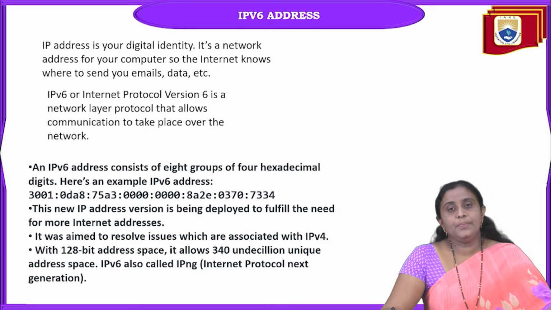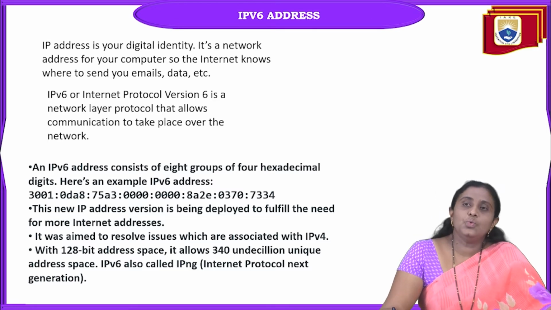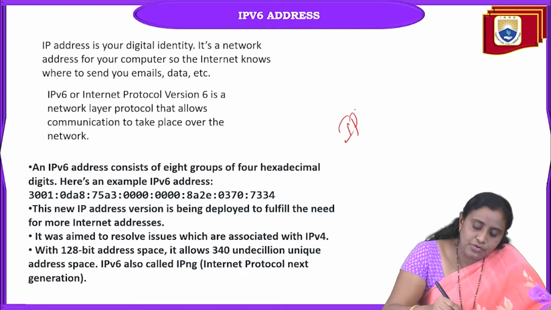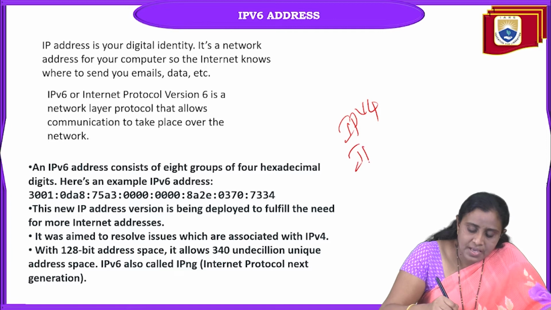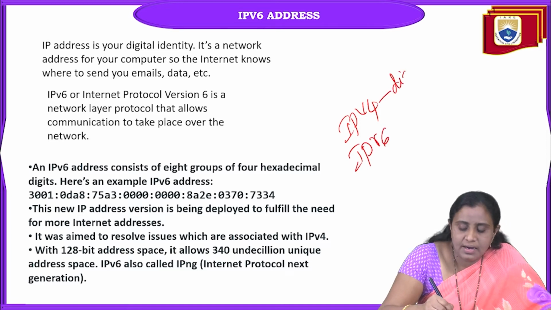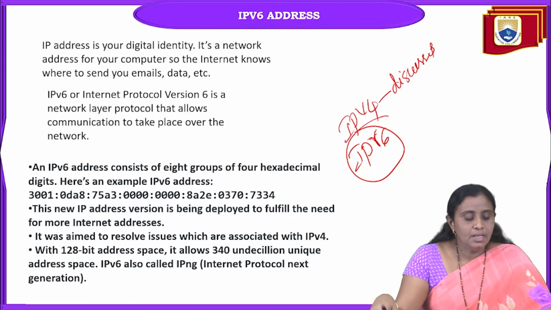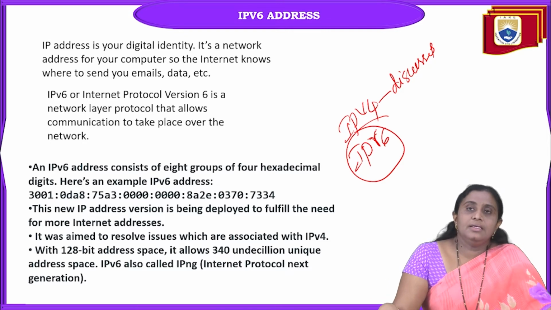Coming to this, as I have already discussed, the internet protocols can be divided into two types of protocols. The first one is IPv4, the second one is IPv6. IPv4 is already discussed, and coming to IPv6: the IP address is your digital identity.